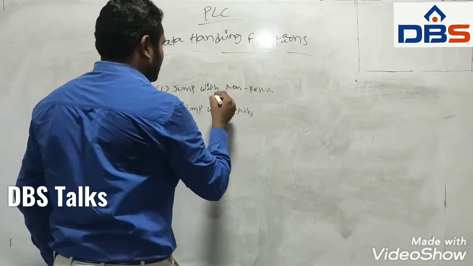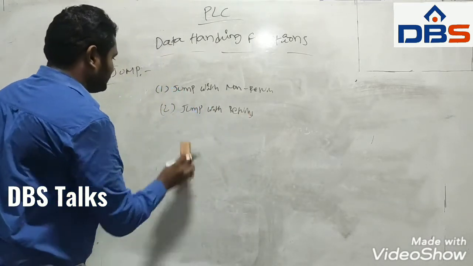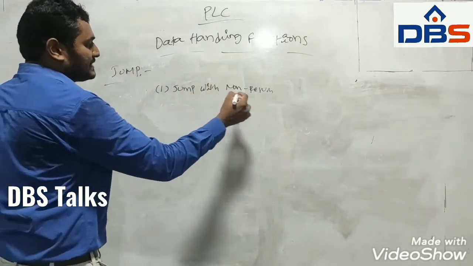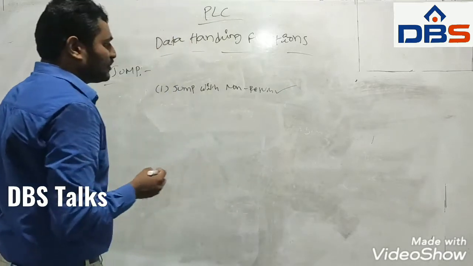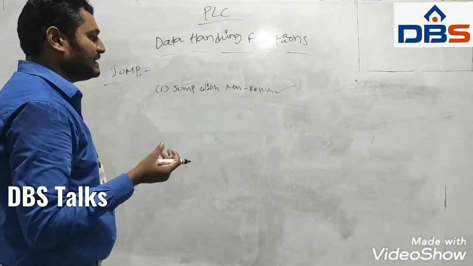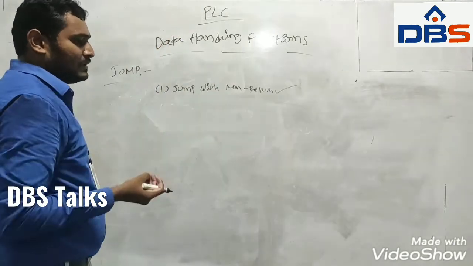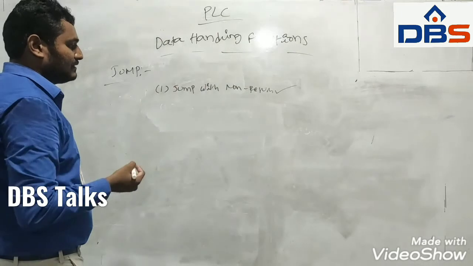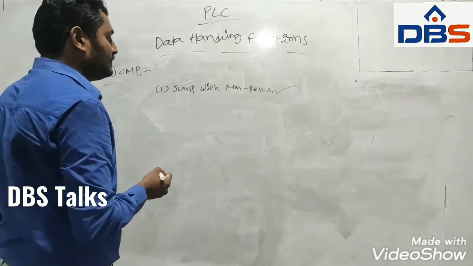Firstly we will take the jump with non-return function. Its operation is similar to the skip function. Whenever the program encounters the jump function, it skips to the label condition. Whenever the label is found, it goes to that label point.